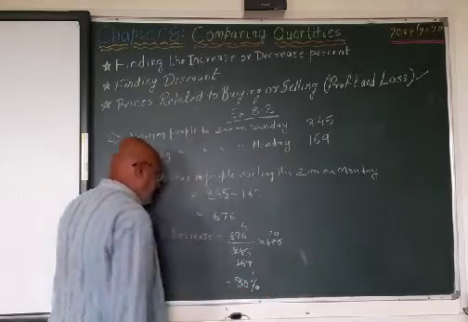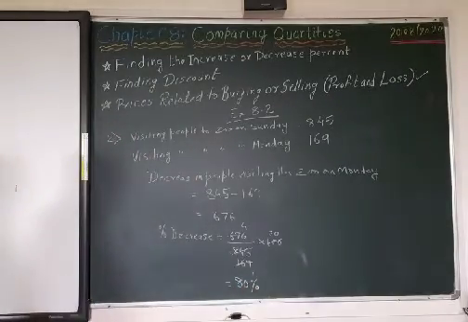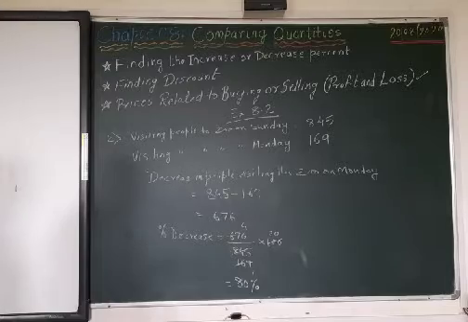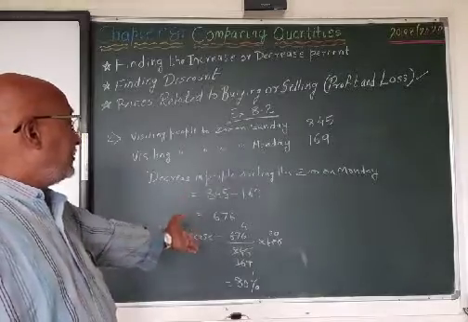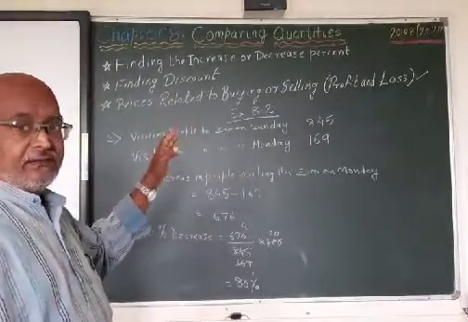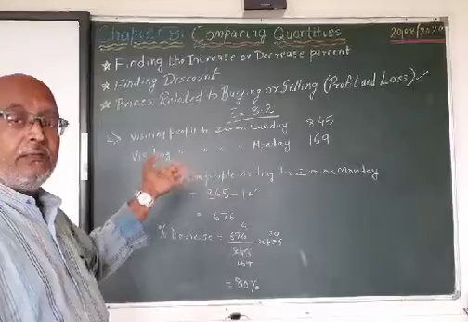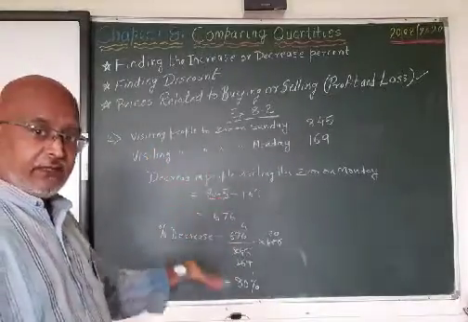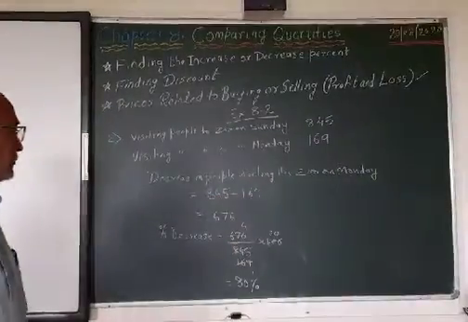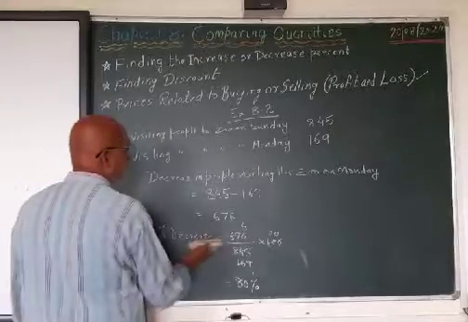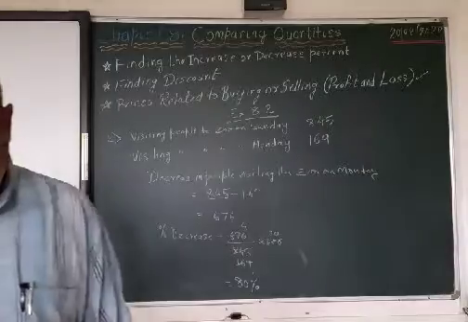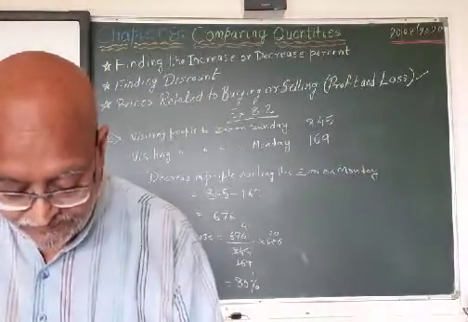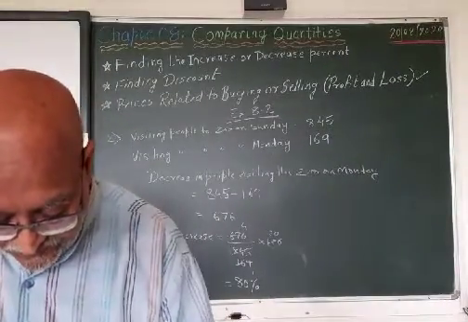So there was a decrease of 80% in the visiting people on Monday. How much percentage decreased? 80% fewer people came on Monday compared to Sunday. So this is the way we can find the answer, that is the decrease percentage in the people. One more example we will go through.